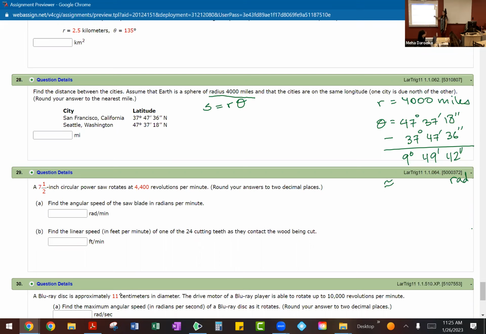Type that in and then use the shift key, and near the equal sign you have the DRG key. If you press that, you'll select degree, which I believe is option 1, and it should convert that into the decimal degree option. And if you do 2, which is for radians, it should convert that to the radian option. So what will it come out to be?